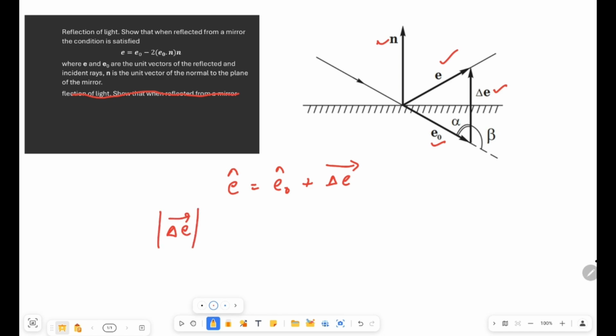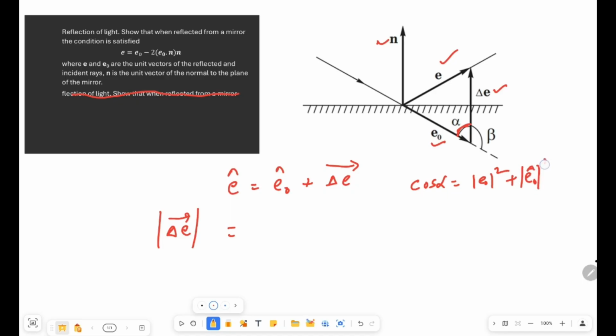Well, let's try to find out the magnitude of this vector delta E. I can use this angle alpha and the cosine formula. Cos alpha can be written as magnitude of E naught vector square, that is 1 square, plus magnitude of E vector, that is also equal to magnitude of E naught vector, because both are unit vectors.